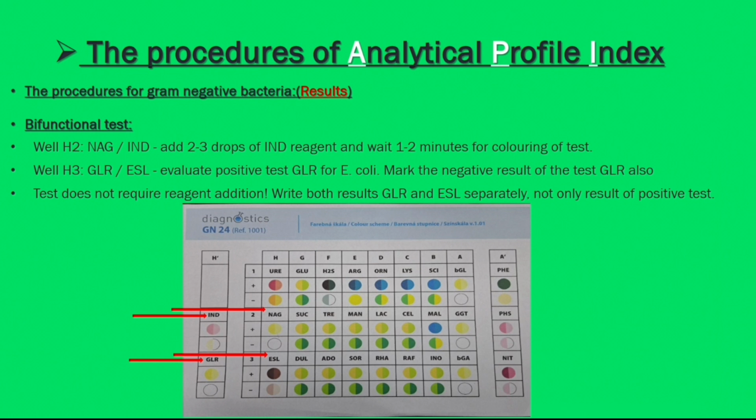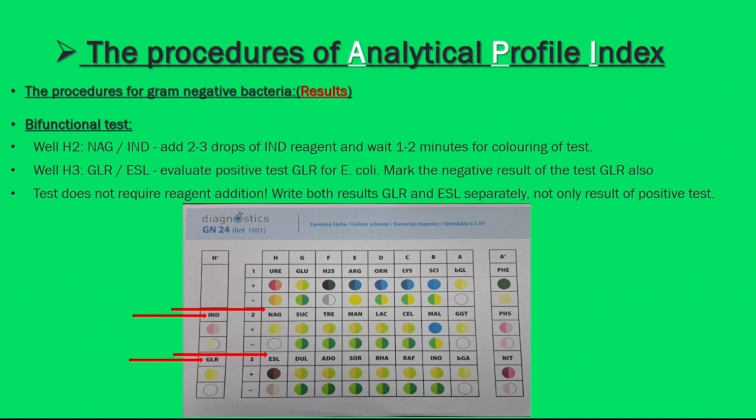Then add 2 to 3 drops of indole reagent and wait 1 to 2 minutes for coloring. Then take the result of IND. The well H2 GLR, take the result of GLR, then take the result of ESL.